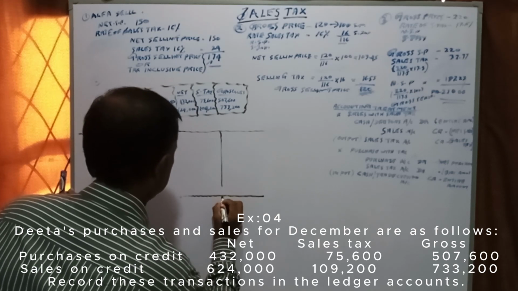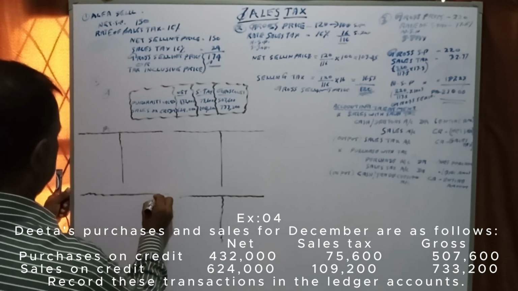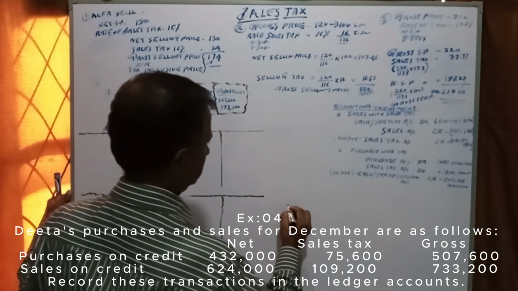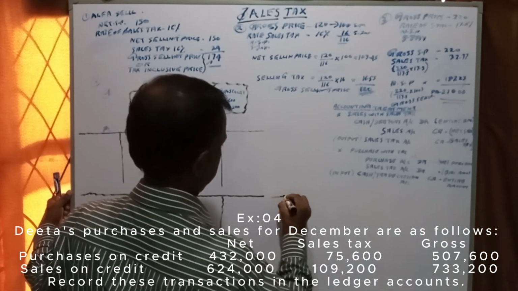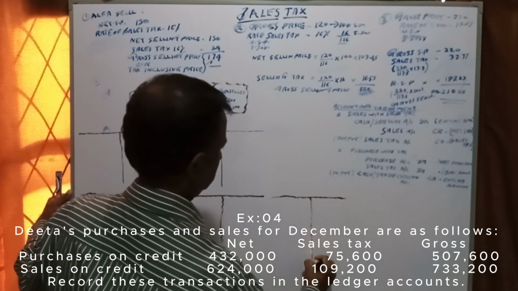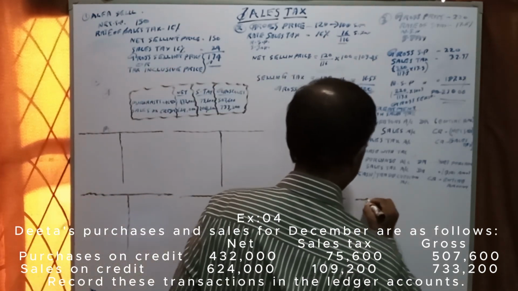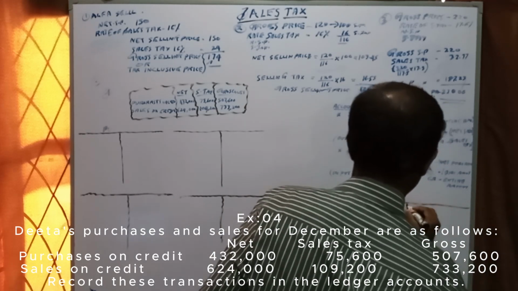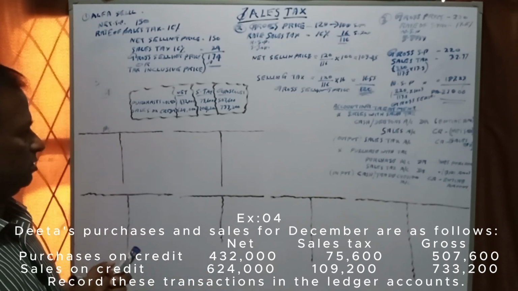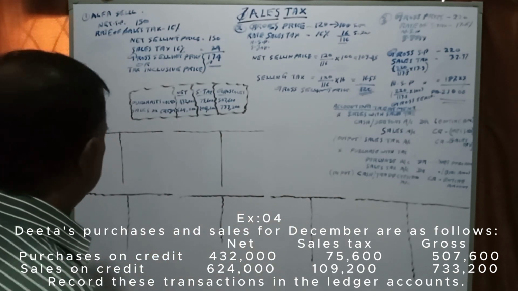Cash, debtors, creditors, and sales tax, right? 1 2 3 4 5 6 accounts we have.